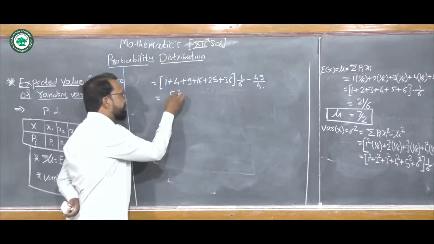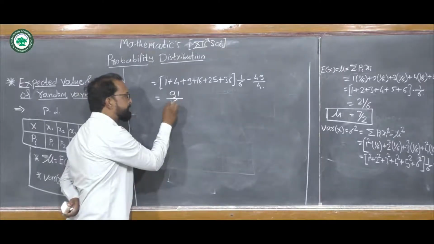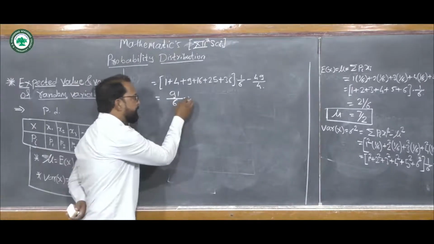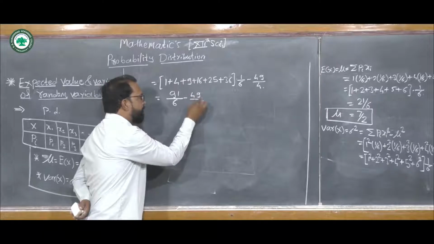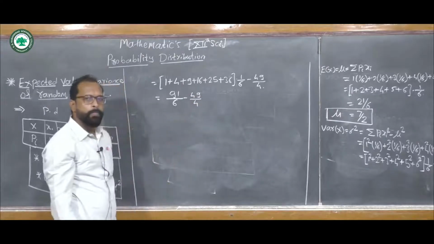So it becomes 91 upon 6 minus 49 upon 4.